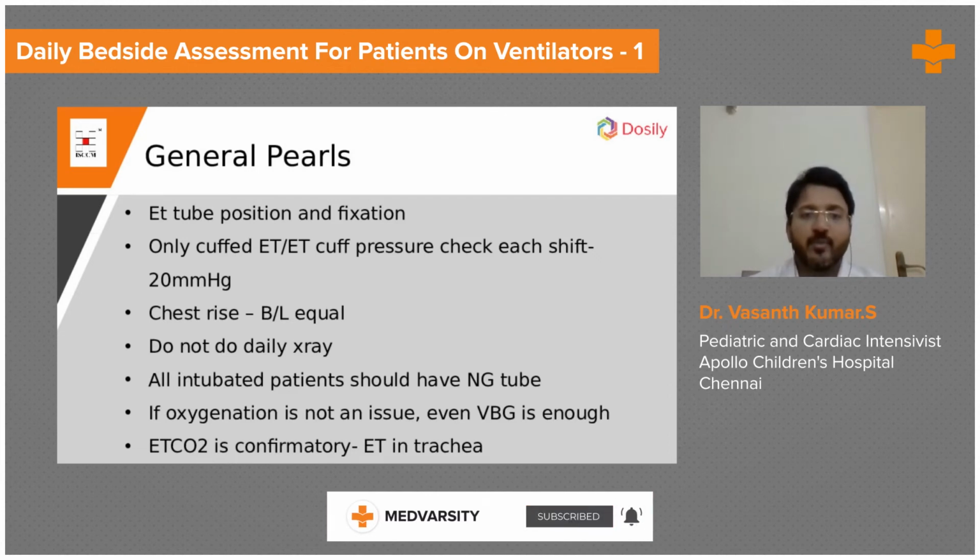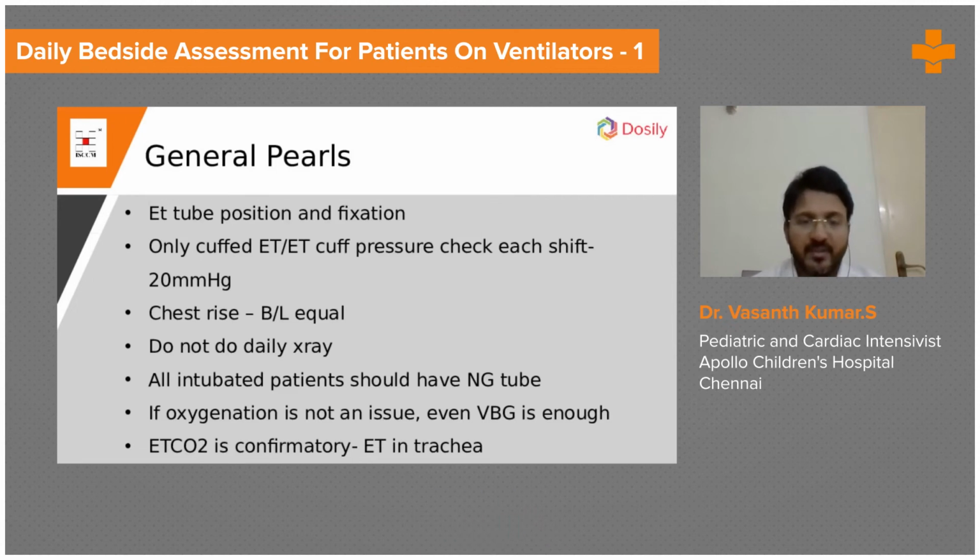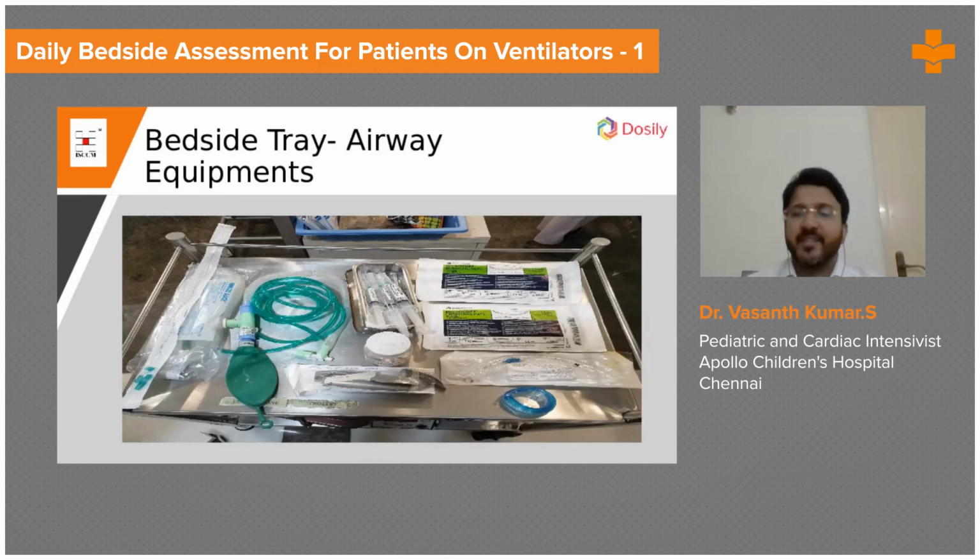So you can monitor the EtCO2 and get an approximate value of the carbon dioxide level in the blood. Now we are all moving towards non-invasive monitoring. Instead of doing frequent blood gases, the trend is to do pulse oximetry and EtCO2. But there are places where you may not have EtCO2 monitoring. In those cases, you'll have to rely on blood gas.